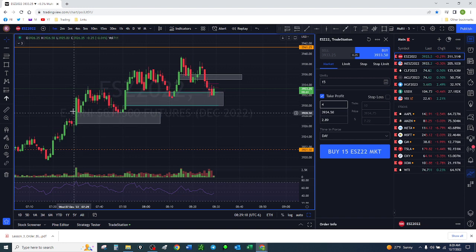This is 2650, right? 2875. So that's 5 points right there. That's 5 points. That's $3,500. This bounce right here went from 28 to 36. 8 points, $6,000 approximately.